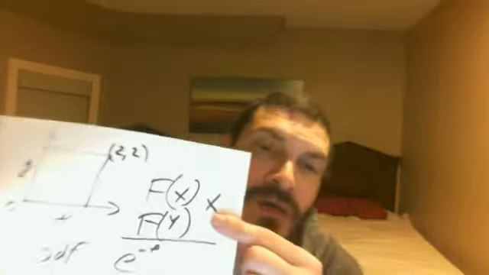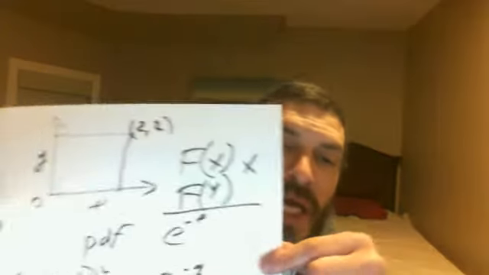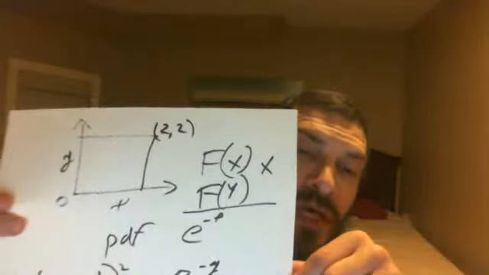Take a look here. This is the way how to do it. If you want to know the CDF, anything from 2 to 0, both limited on the x and on the y, you take the capital F of x times the capital F of y, that's 1 minus e to the negative 2, squared.